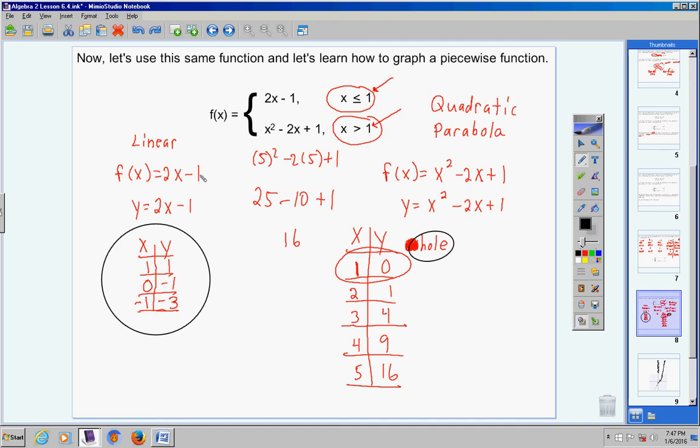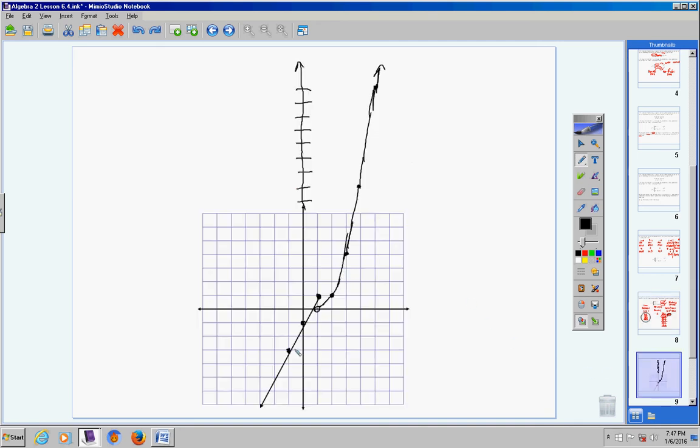And then make sure you look at your constraints and get your table of values set up correctly, and then don't forget, sometimes there'll be a hole, sometimes there won't be. Understand that, okay? So, there we go. You graphed a piecewise function. Your graph has 2 pieces to it, okay? That's the hardest part. I think we should do one more.